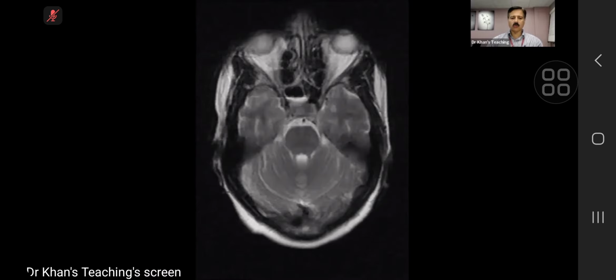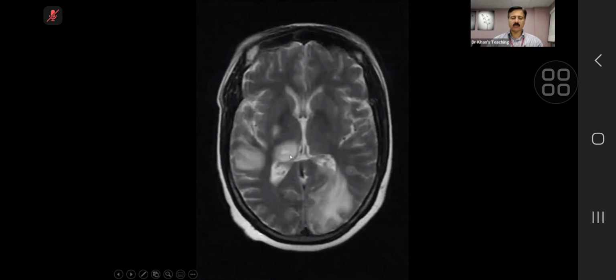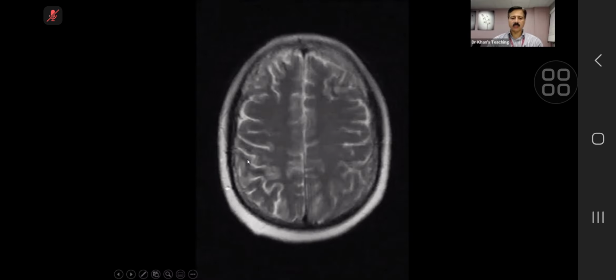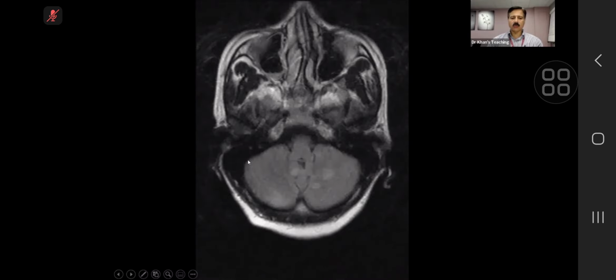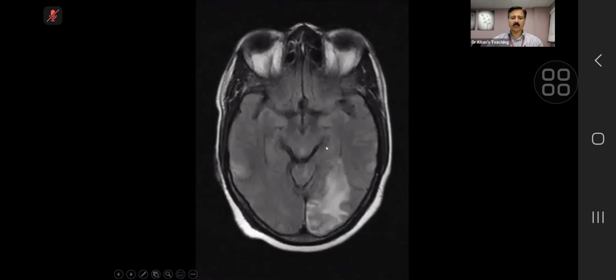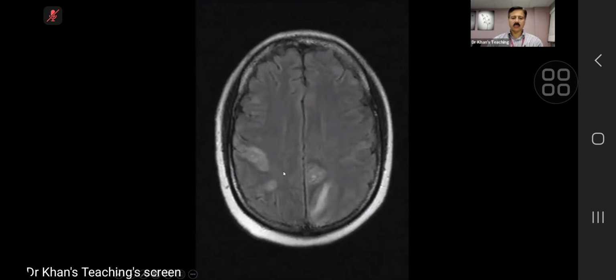Now, on a T2 weighted sequence, you can see a lot of edema, and then you can see edema at other locations. Now, concentrate on this region where there was leptomeningeal enhancement on the CT scan, particularly here. And then we go to a FLAIR, and it tells you quite a few things happening right and left, which were not seen on other sequences.